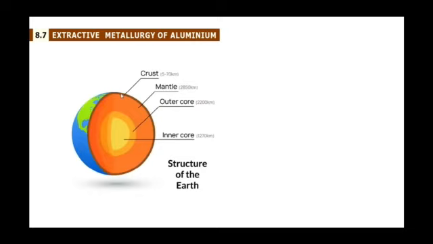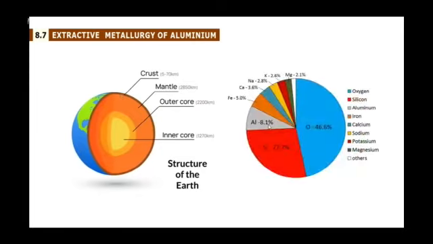Now, we are going to learn about the extractive metallurgy of aluminium based on electrolytic reduction. From the earth's crust, we get 8.1% of aluminium. We get aluminium from the earth in different forms.